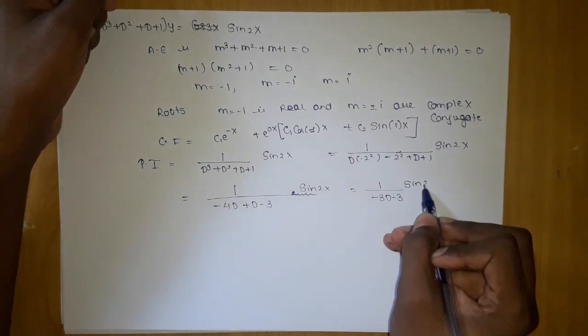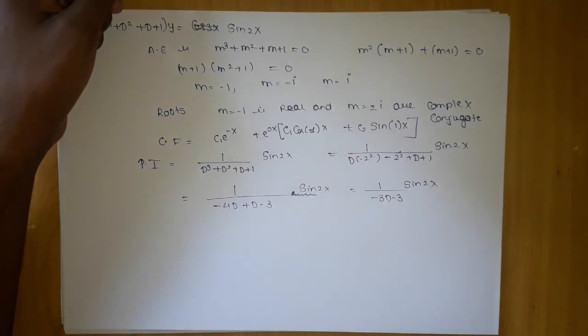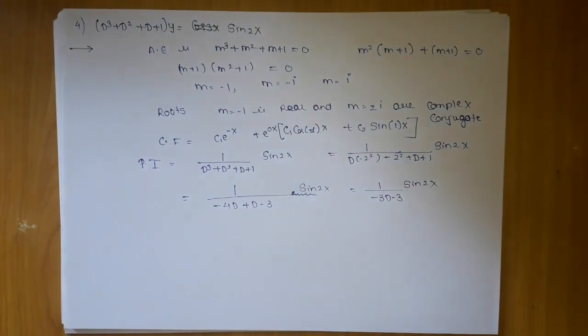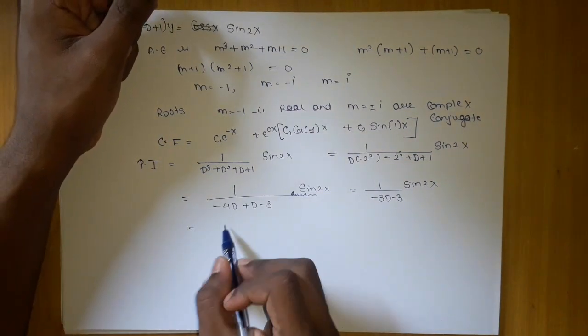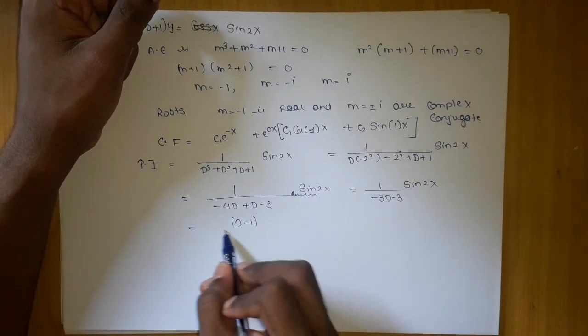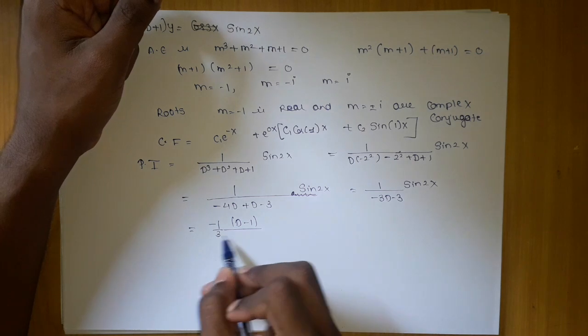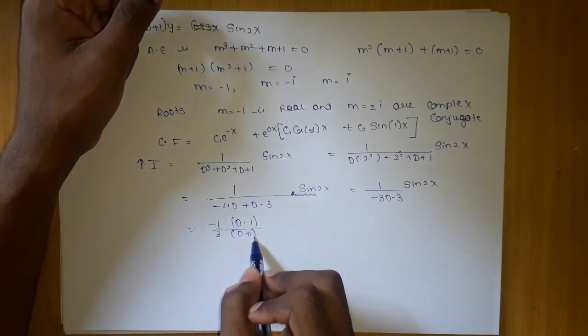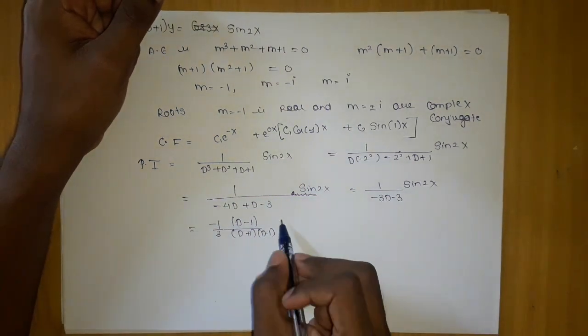Taking -3 outside, we are going to rationalize this. The moment we rationalize, we get something simplified. Here we multiply by D - 1, because 1/-3 will be outside, and D + 1 and D - 1 will rationalize.